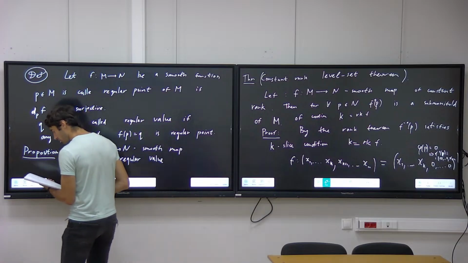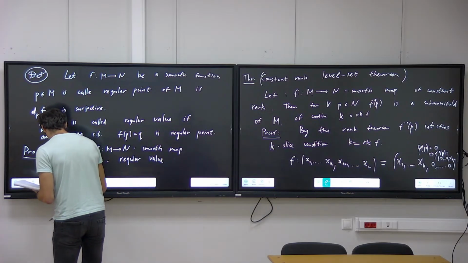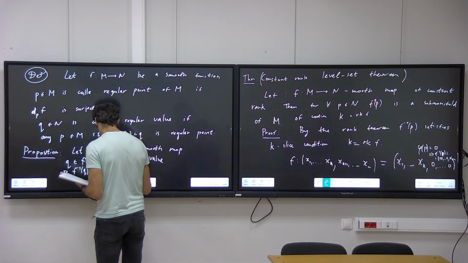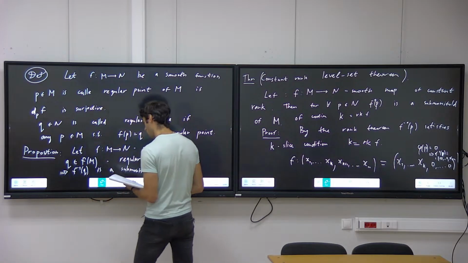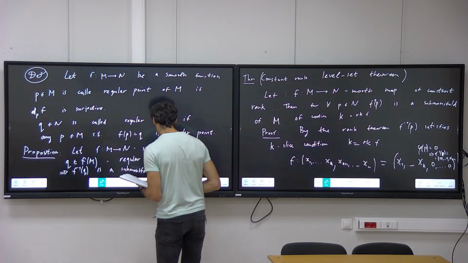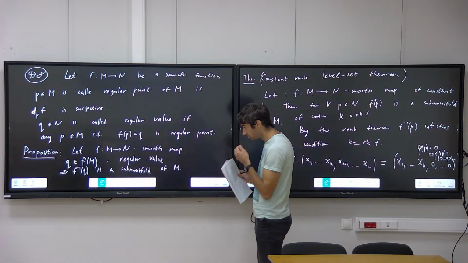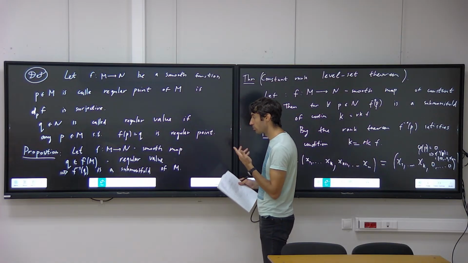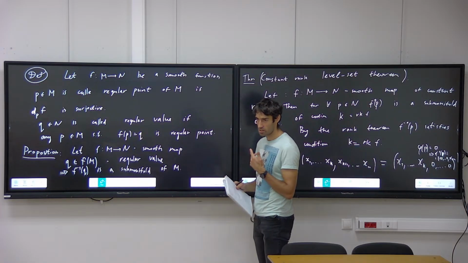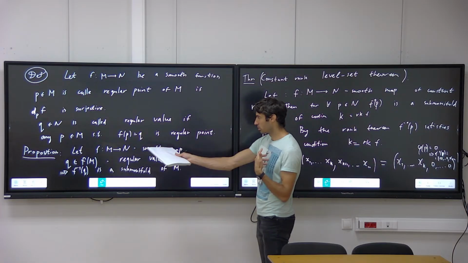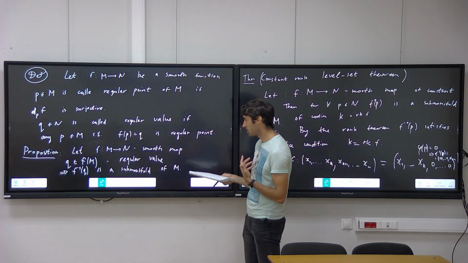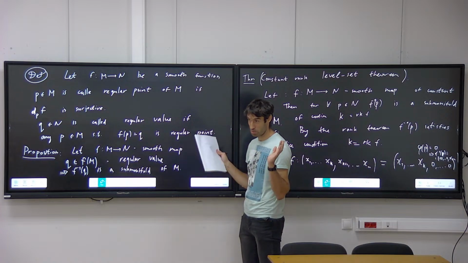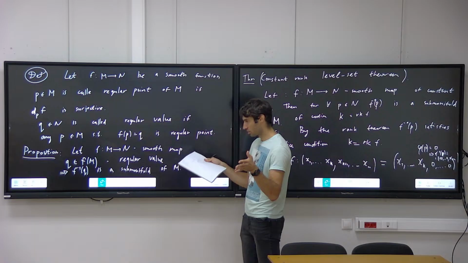Then f inverse of q is a submanifold of M. So this is very handy, maybe for algebraic varieties, where your f is just a bunch of polynomials, say from R^n to R^m, and you just need to check that the differential of this, which is computed very easily, is surjective.